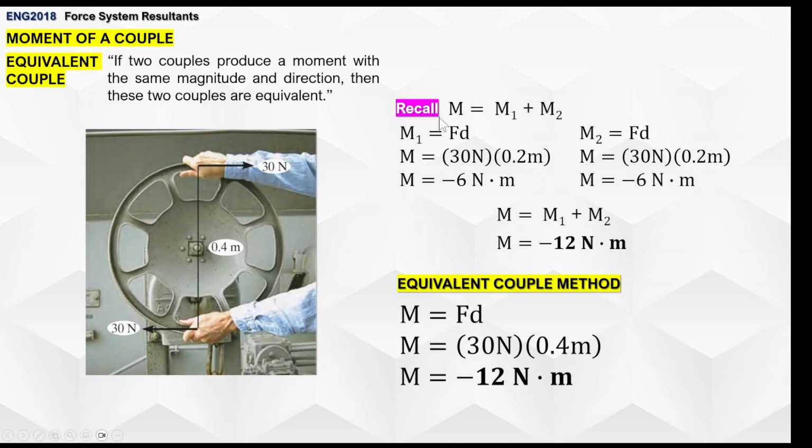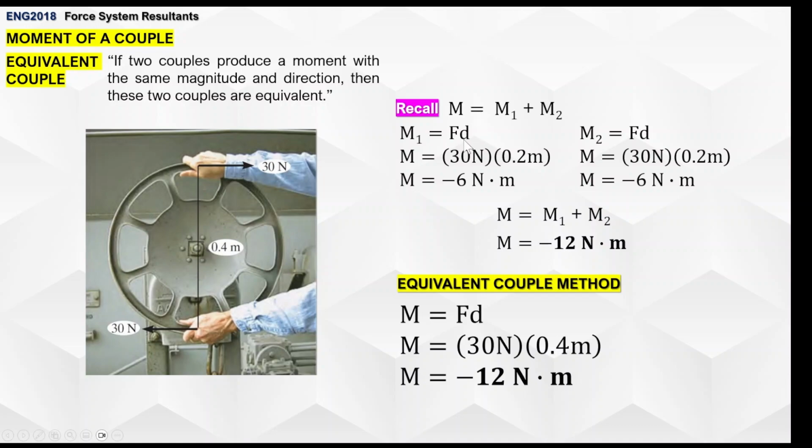In this particular example, recall that we can actually solve the moment by getting the moment of each individual. So moment 1 plus moment 2. We can get yung moment nun from the center since this is perfect circle naman. So we can find yung moments 1 and 2 about yung point at the center ng circle na to.